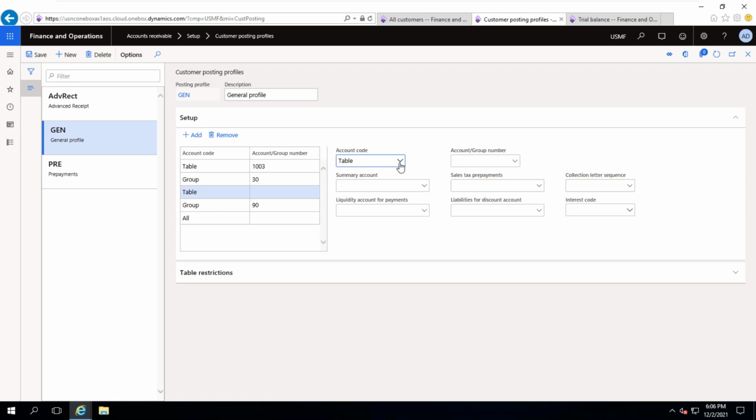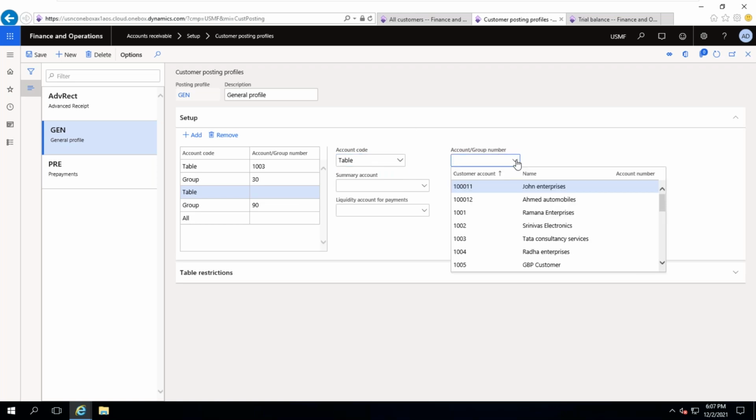First one is table mapping, next is group, next is all. If you map table, it will show you the customer accounts.